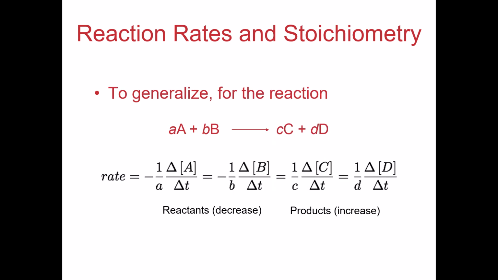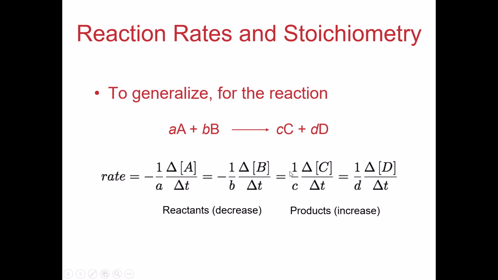Alright, so the general summary for how we can compare reactants and products comes from this formula. Rate is equal to negative 1 over the coefficient for each reactant. Okay, so the negative is out front for each reactant A, reactant B. The rate is also equal to 1 over the coefficient for the rate of product formation.